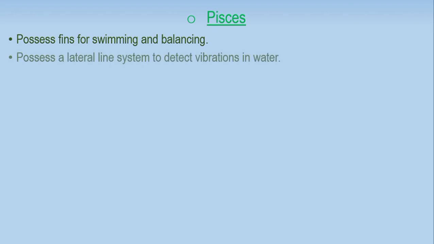And they have fins to swim, that means for locomotion, and these fins also help balance their body. And there is a system called the lateral line system to detect vibrations in water, right? So they can identify the vibrations in water with the help of this lateral line system.